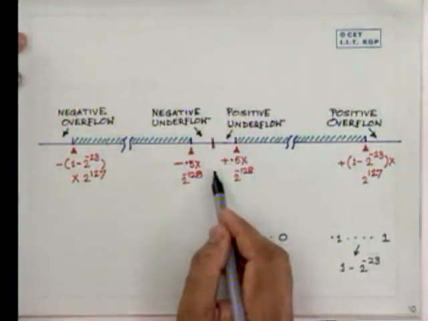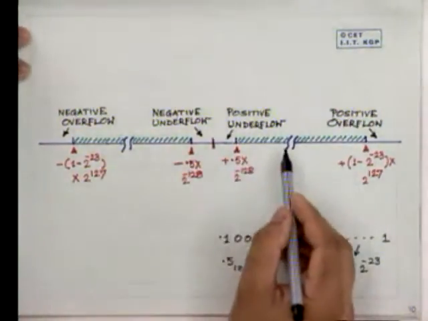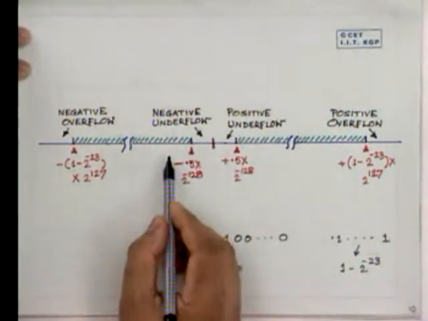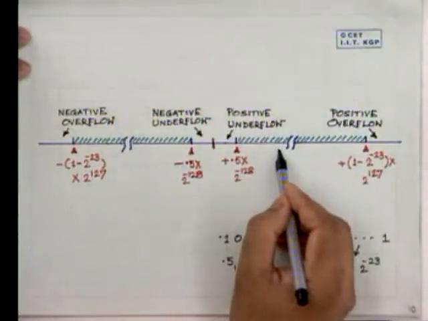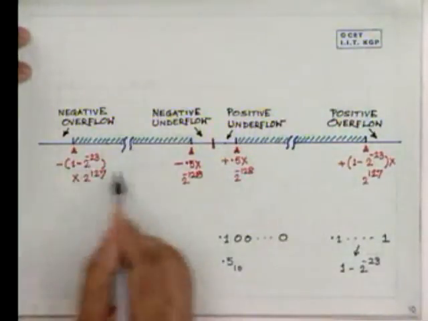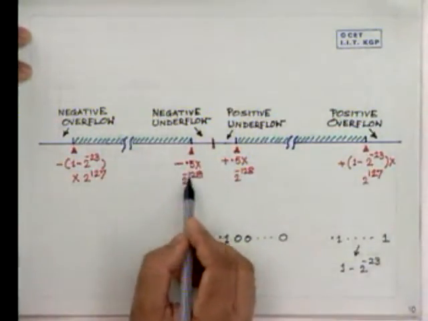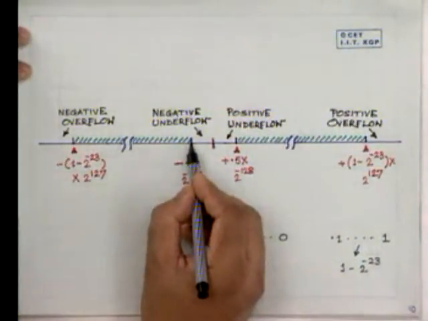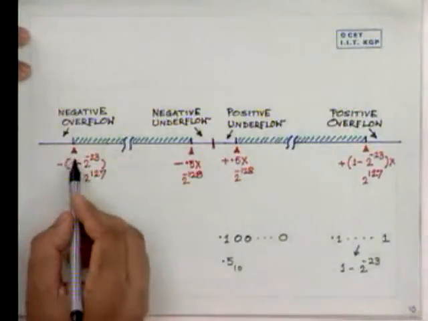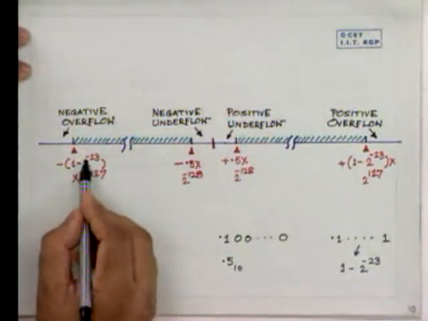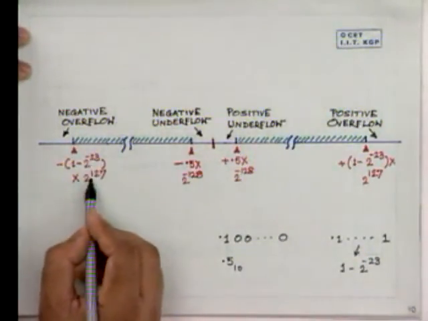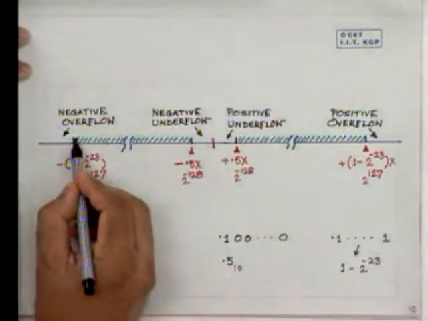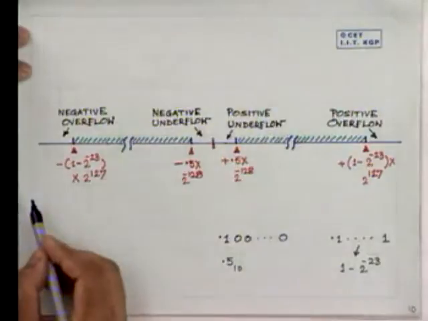Similarly, since we can have both positive and negative numbers with the sign bit, where the sign bit is 0 for positive and 1 for negative, we can have minus 0.5 into 2 to the power minus 128 as the minimum magnitude number that we can represent here, and minus (1 minus 2 to the power minus 23) into 2 to the power 127 as the largest negative number that we can represent here.